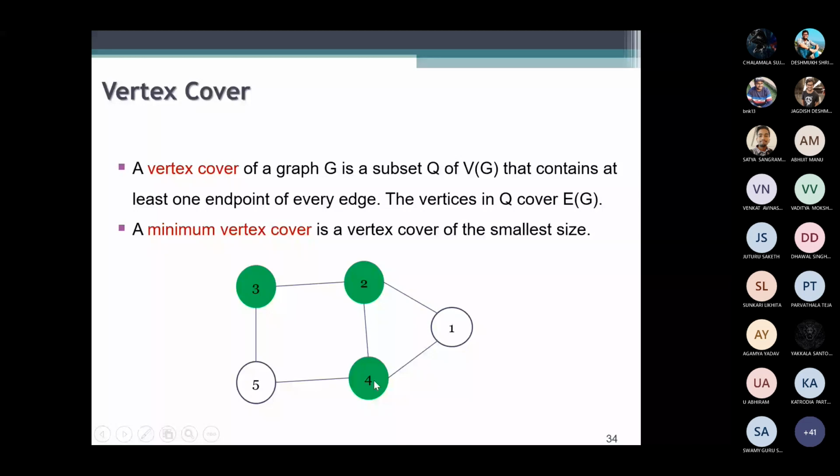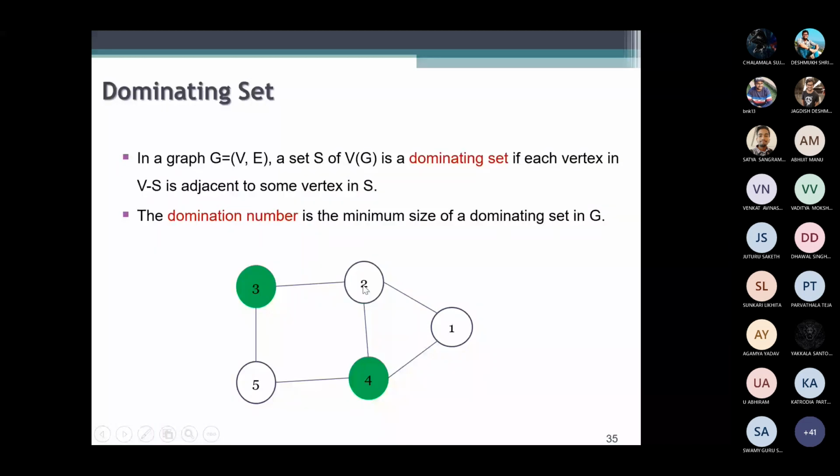A dominating set again is a subset of vertices where every vertex can be connected by an edge. So see, {3, 4} is the minimum dominating set because 5 is adjacent to either 3 or 4. 2 is also adjacent to 4, even 3 also. 1 is adjacent to 4.